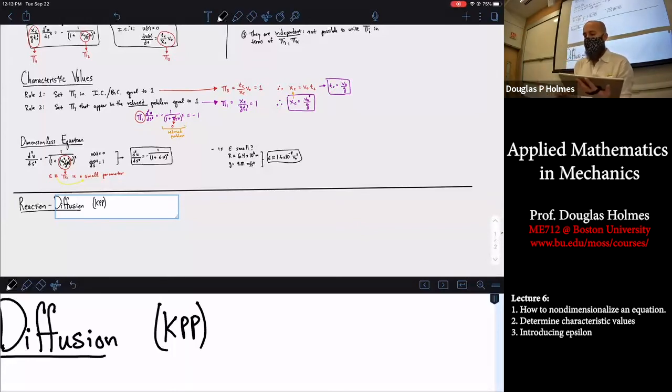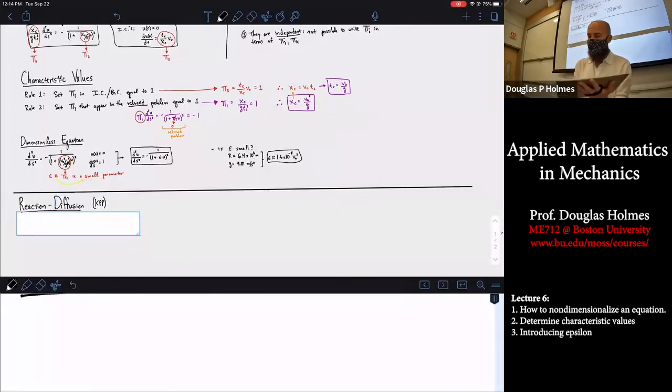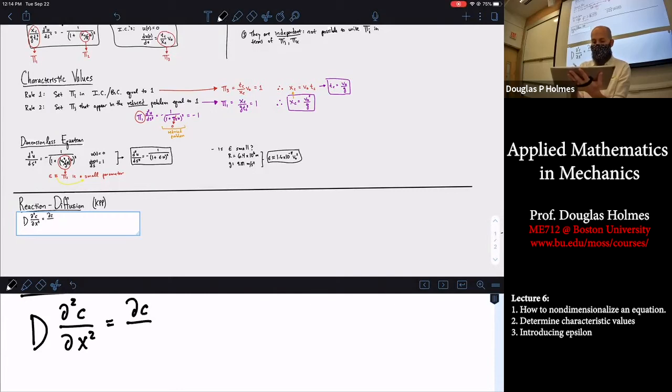And it looks like the diffusion equation, so it looks a bit like D times the second derivative of concentration with respect to space is equal to the first derivative of concentration with respect to time.